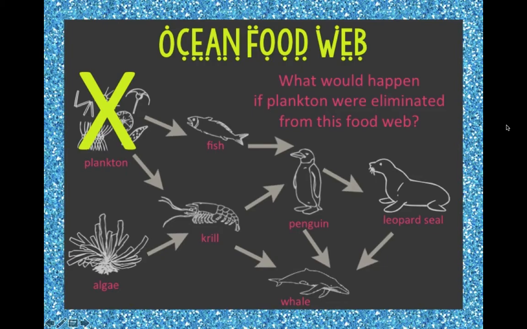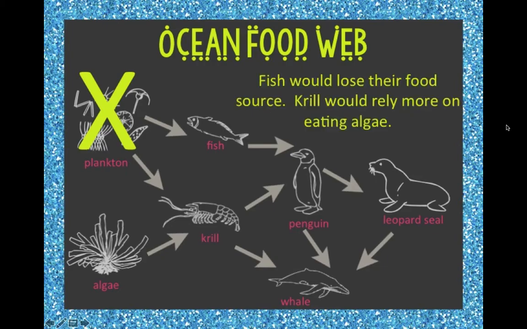What would happen if plankton were eliminated from this food web? If you said that fish would lose their food source and krill would rely solely on algae, you'd be correct.